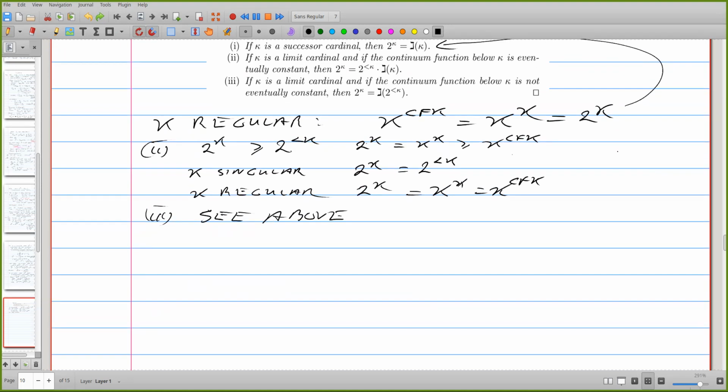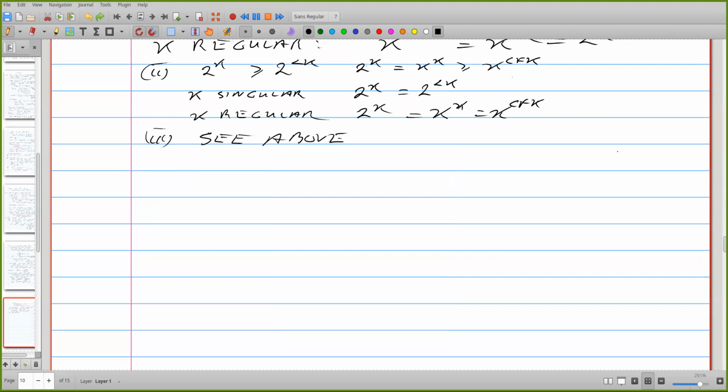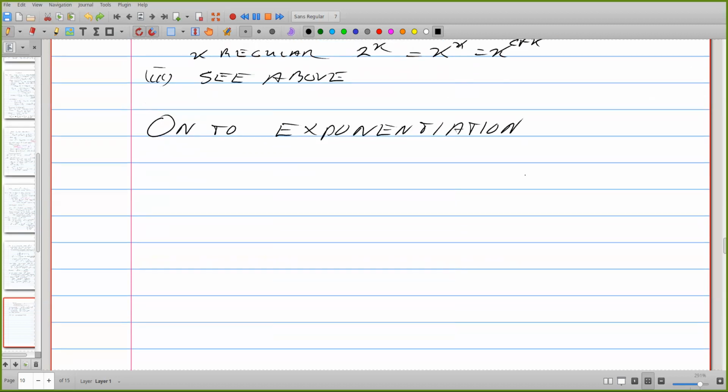All right. So on to exponentiation. What can we say when we want to calculate the exponential of our cardinals?